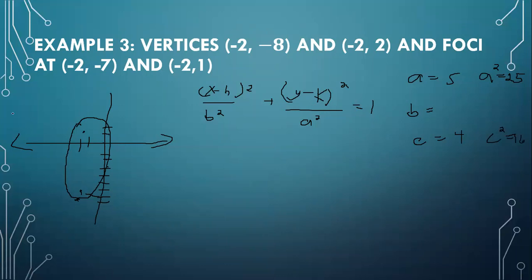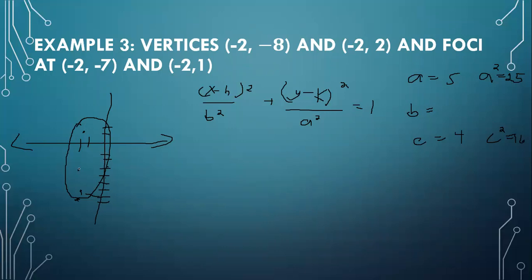And then, where will they meet? From here, vertex 1 to vertex 2, we made 10 steps and then divide by 2, so 5. 1, 2, 3, 4, 5. And then here, from the focus, our center is 1, 2, 3, 4.